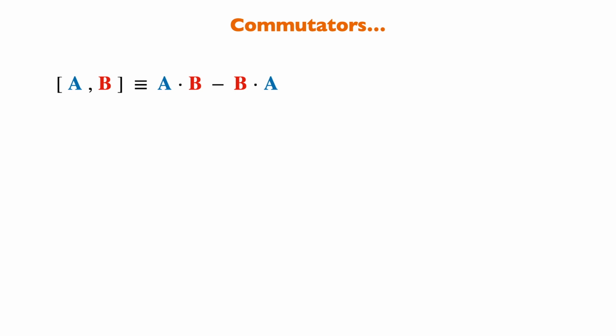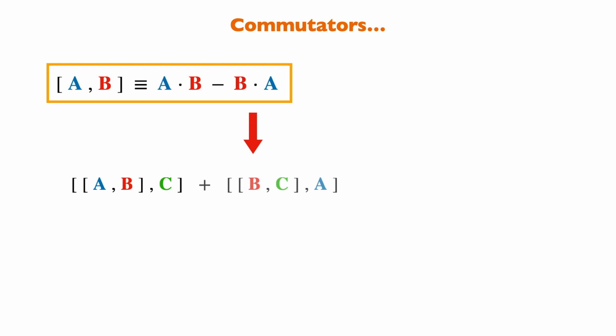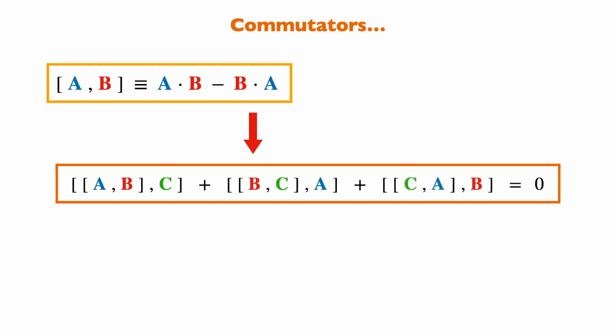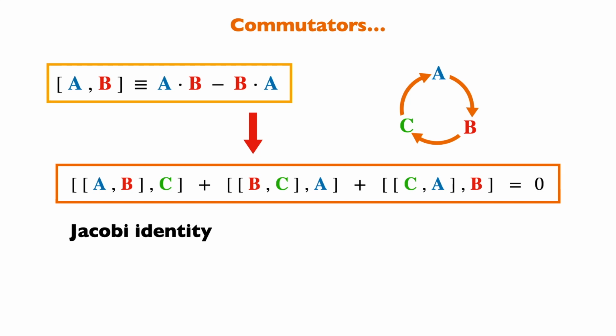An identity immediately follows from this definition of the commutator. This is known as the Jacobi identity and shows up in many places in physics where the ordering of operations matters. Notice that this is an example of a commutator nested within another commutator, and the ordering of operators within each term undergoes cyclic permutation from term to term.